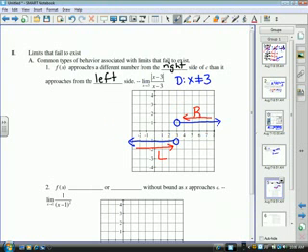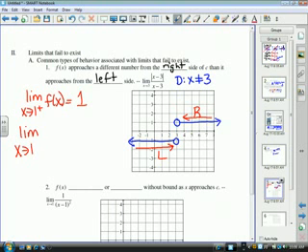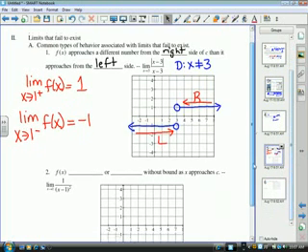Negative 1. So they're different, right? So if you're writing this symbolically, the limit as x approaches 1 from the right is 1. The limit as x approaches 1 from the left is negative 1. So that's one type of function where a limit won't exist.